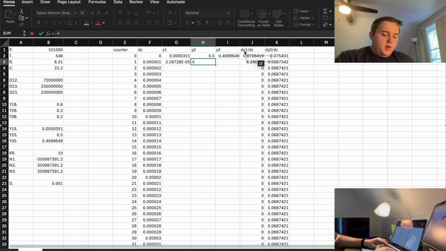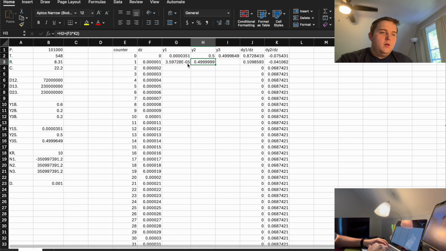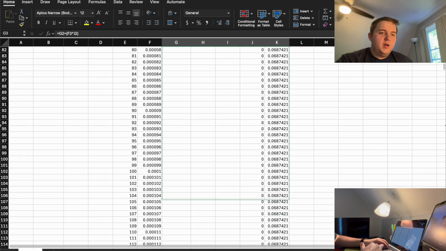For our y2, we're going to get the cell above, and then add that to our counter, multiplied by our step, or our dy2 over dz. Okay, and then here is just the same as here, so it can be dragged down. Then we'll copy all these and drag them down.